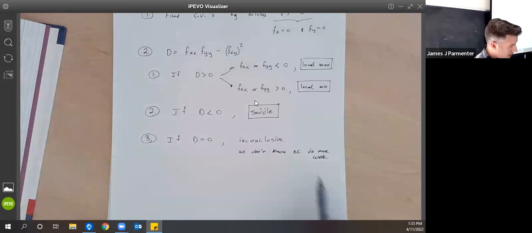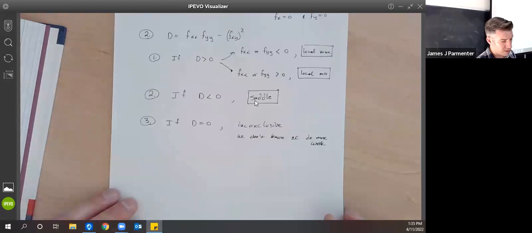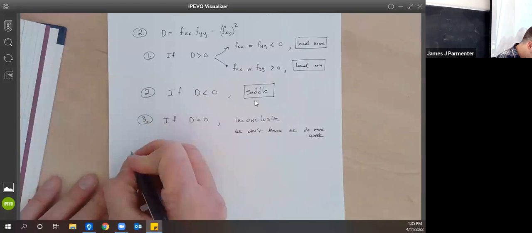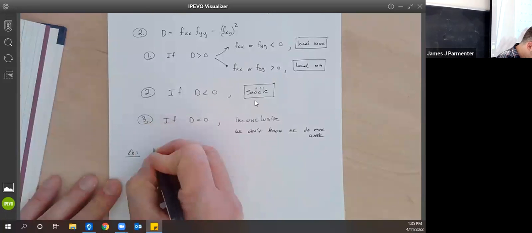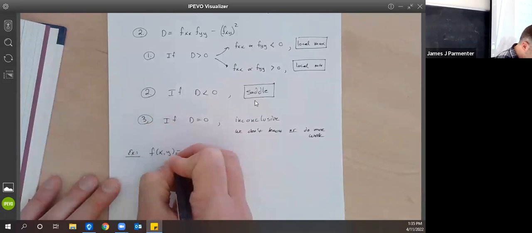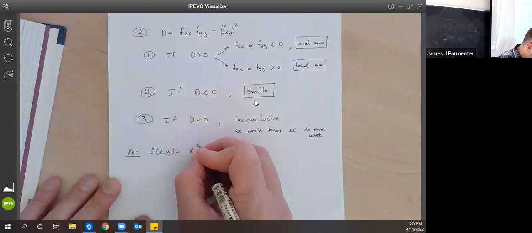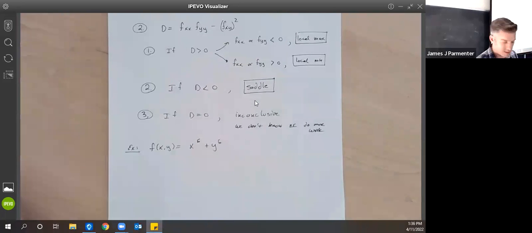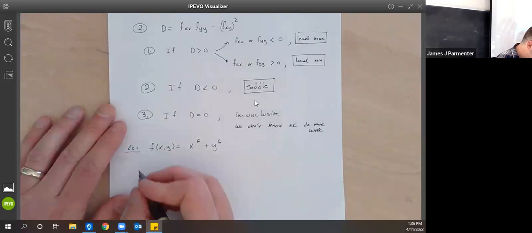So this one, the level curves, oh, actually not this one, sorry, the one I'm about to show you. Let's look at a really quick example of this last case. Let's say we have the function f of x, y equals x to the 6th plus y to the 6th. Let's find the partials.